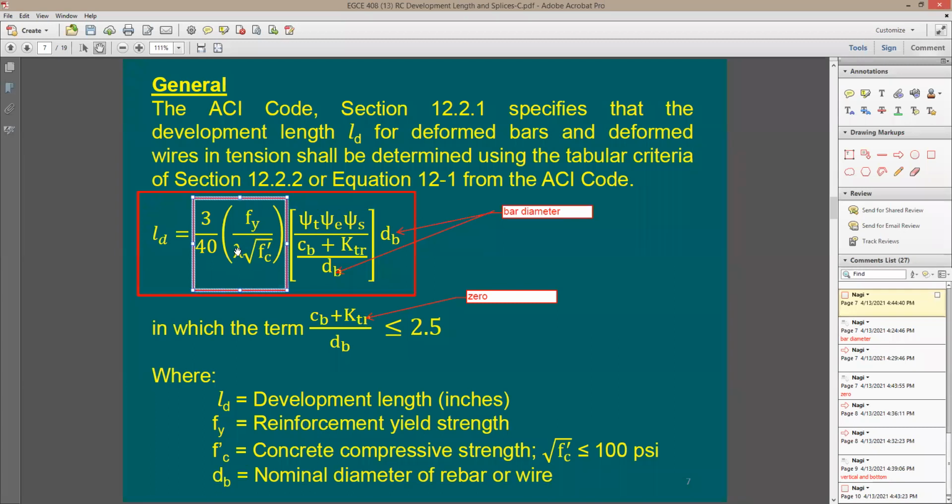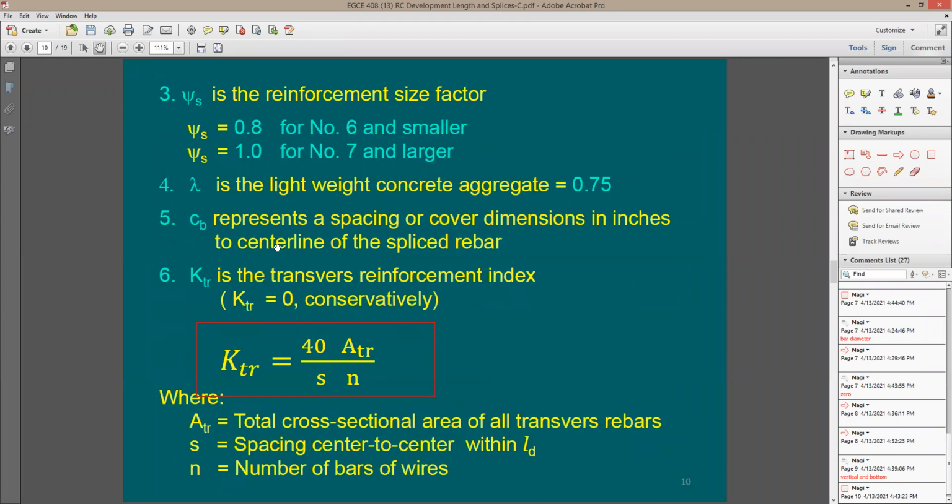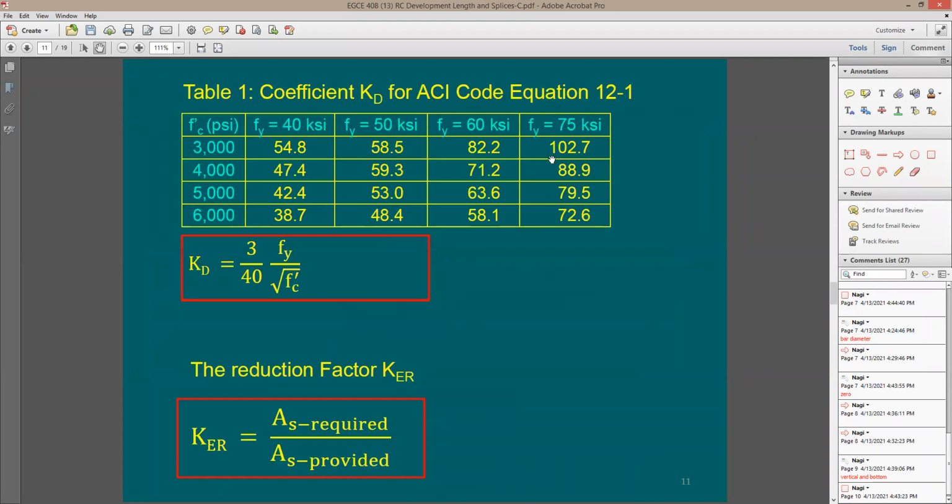Not including this lambda factor for the lightweight concrete. So I don't really need this table, but if you'd like to use it, go ahead and use it. I would just take this to be 60 psi and for F prime C, just use the value in psi. But if you'd like to use this table, this is fine.